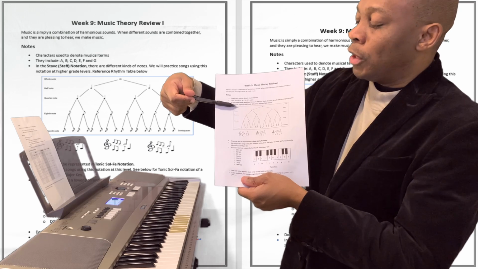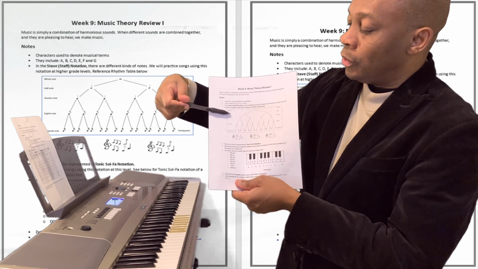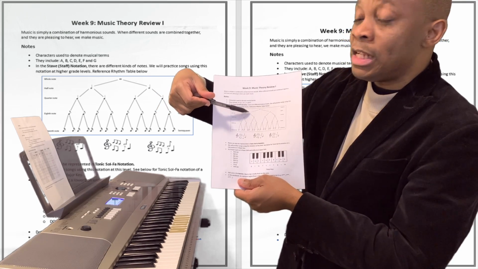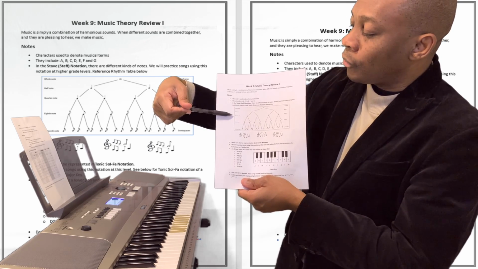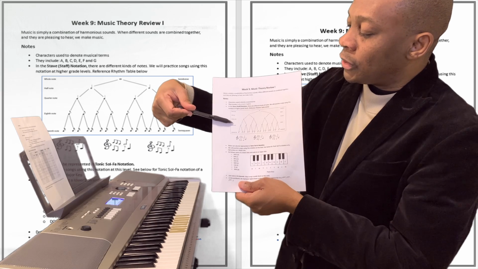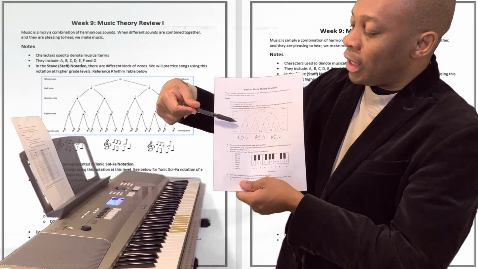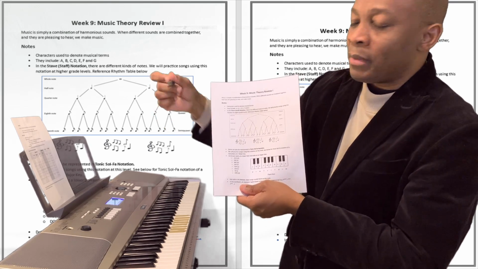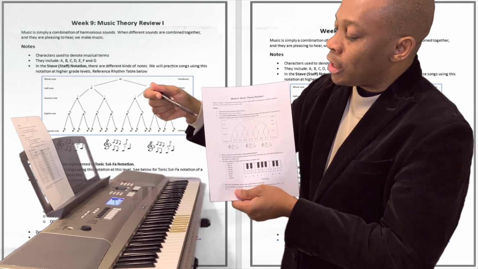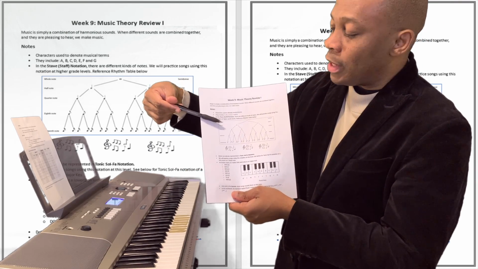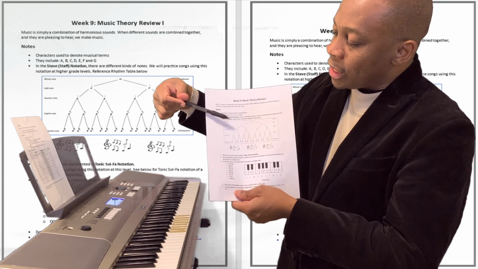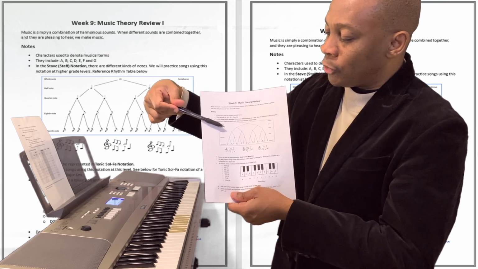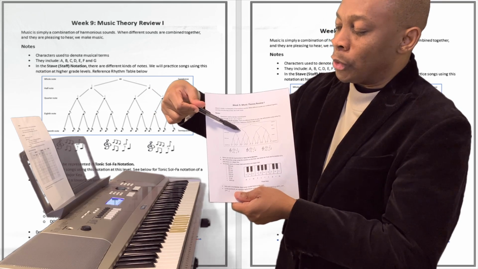Right after the whole note is the half note, which is like a D without a shading. Then after the half note, you're going to see the quarter note. After the quarter note, you're going to see the eighth note, and then the 16th note. It's important to realize that a whole note is equivalent to 2 half notes, and a half note is equivalent to 2 quarter notes.